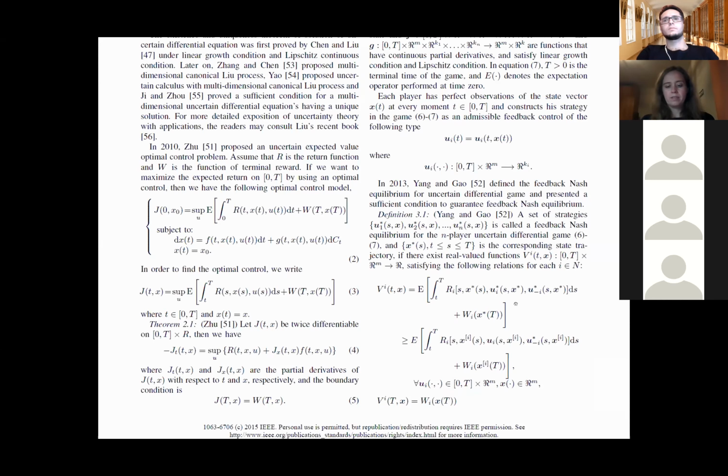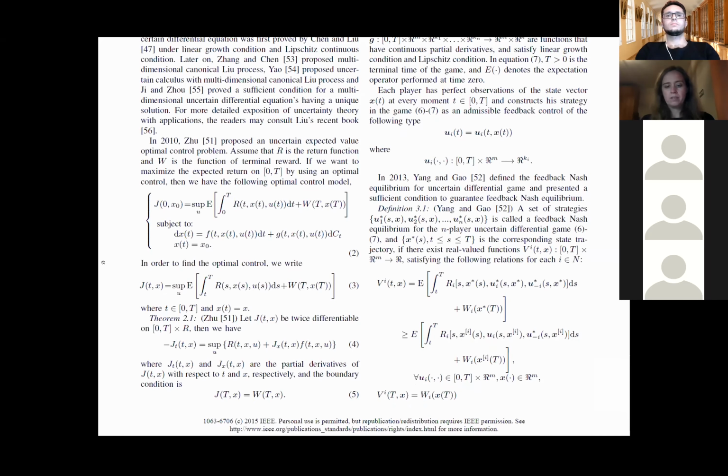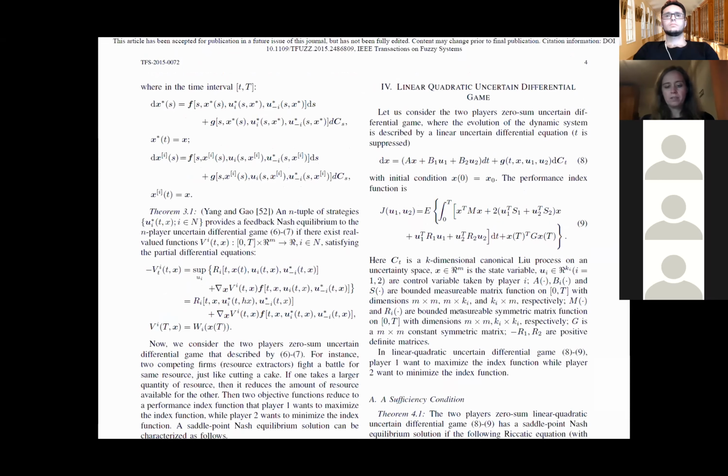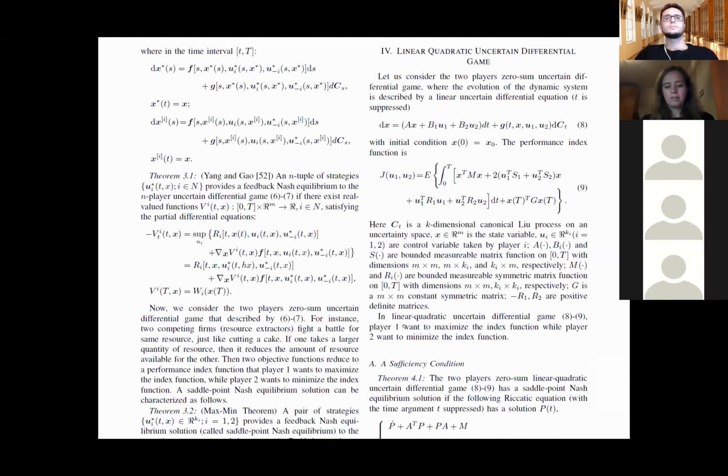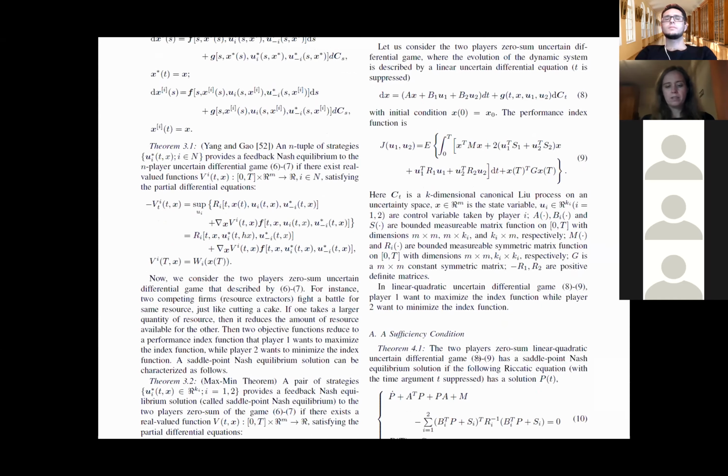Look at this. This is the expected value model. In this paper, they got a sufficient condition.